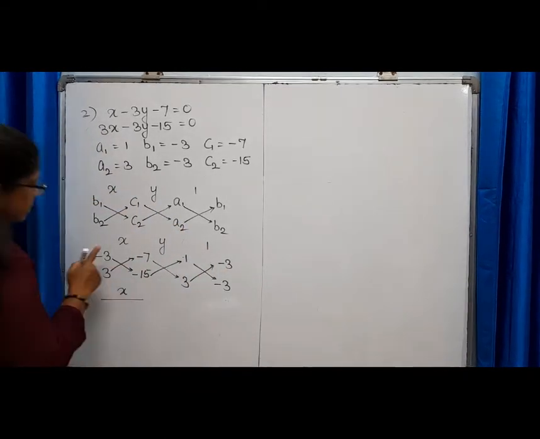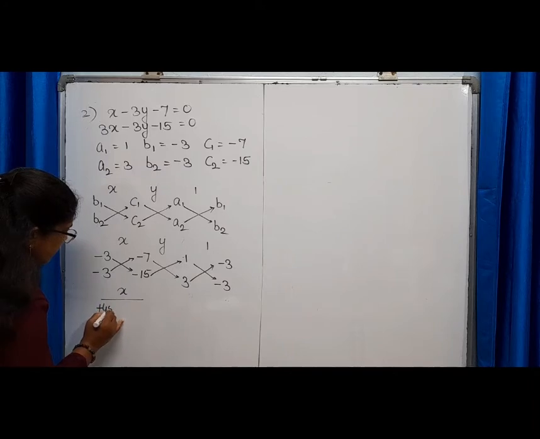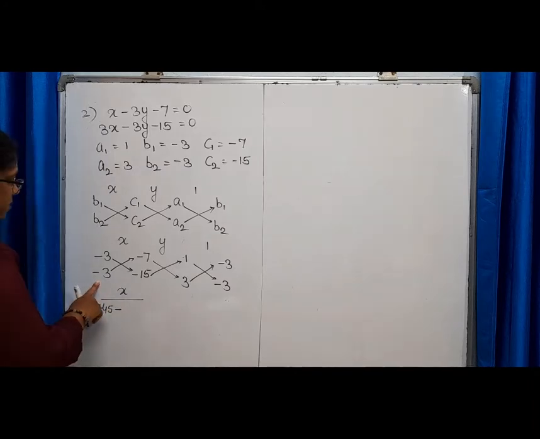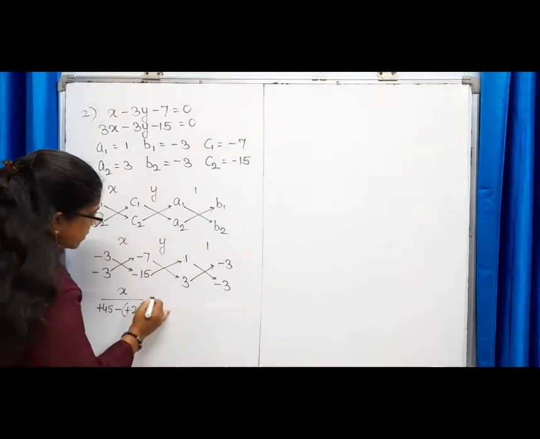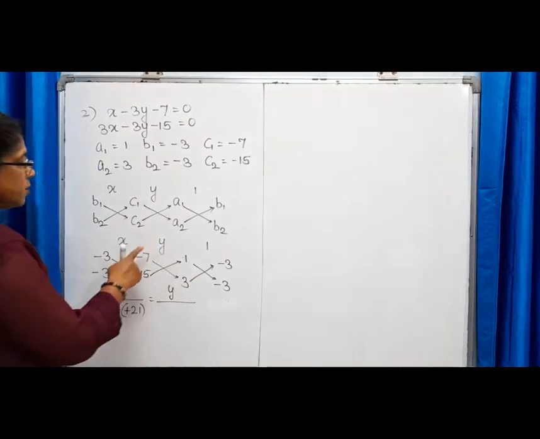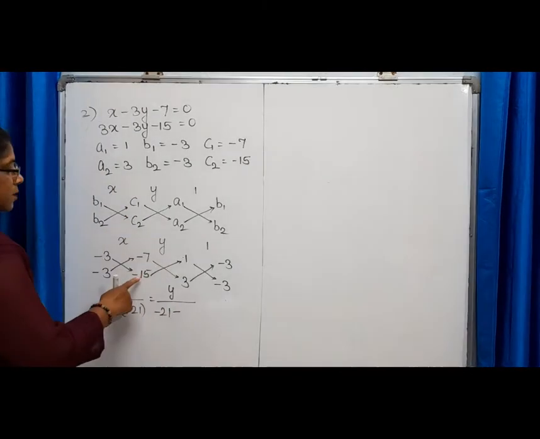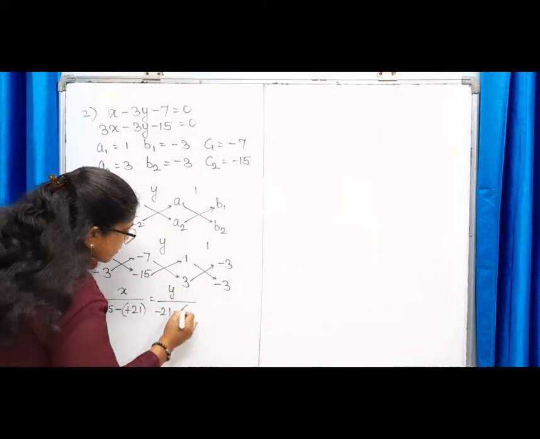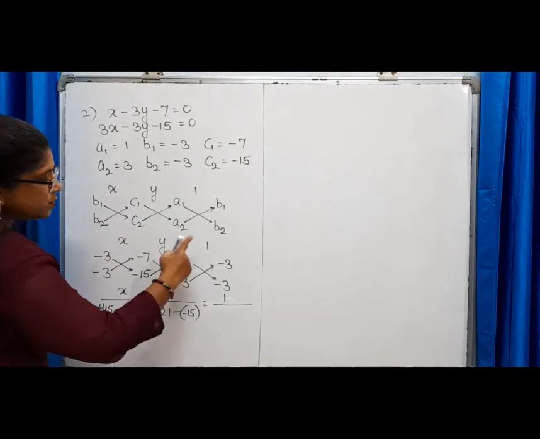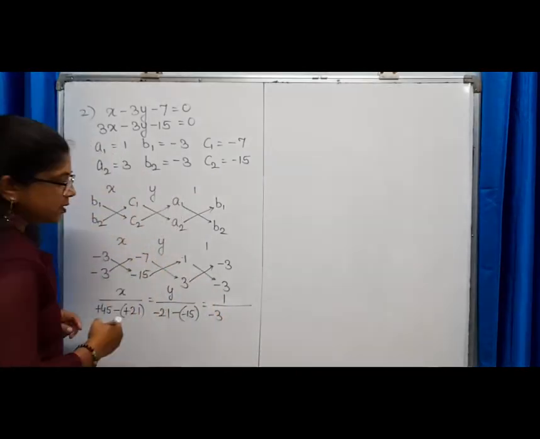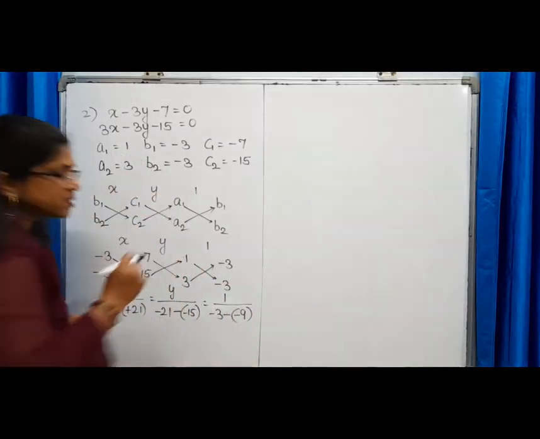X upon minus 3 into minus 15 is plus 45, minus 3 into minus 7 plus 21, is equal to y upon minus 7 into 3 is minus 21, minus 15 into 1 is minus 15, is equal to 1 upon 1 into minus 3 is minus 3, minus 3 into minus 3 is minus 9.